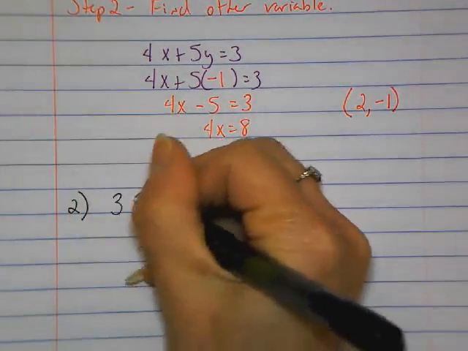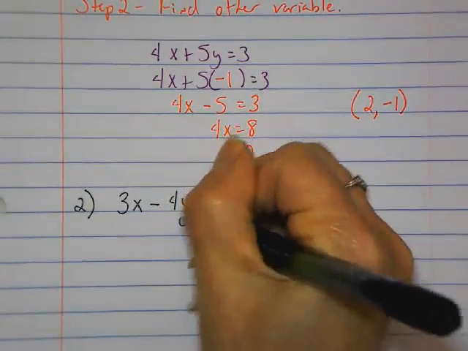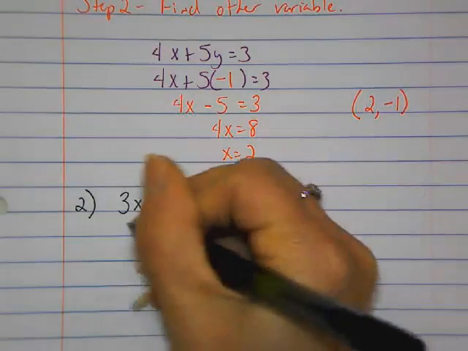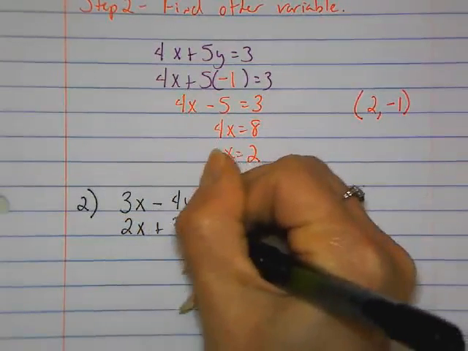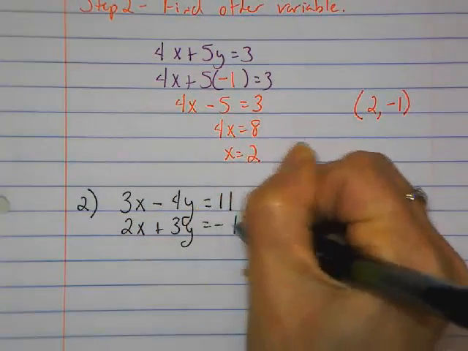So 3x minus 4y equals 11. 2x plus 3y equals a negative 4.